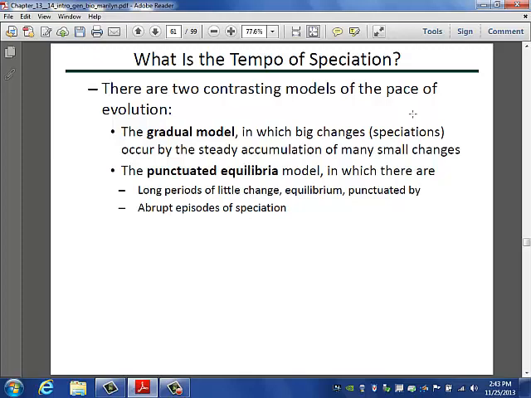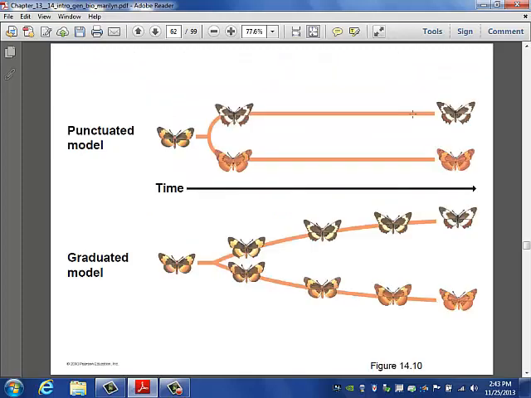Yeah, it's faster, because the change causes enough of a change to separate it as a species. So it can happen, though it doesn't necessarily mean it's going to happen. It has happened, called mass extinction, which results in new species because of isolation and evolvement. Correct. So punctuated model over time and gradual model over time.